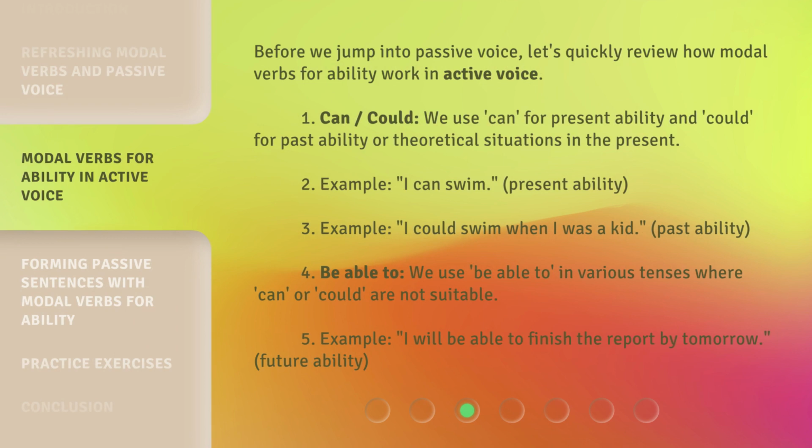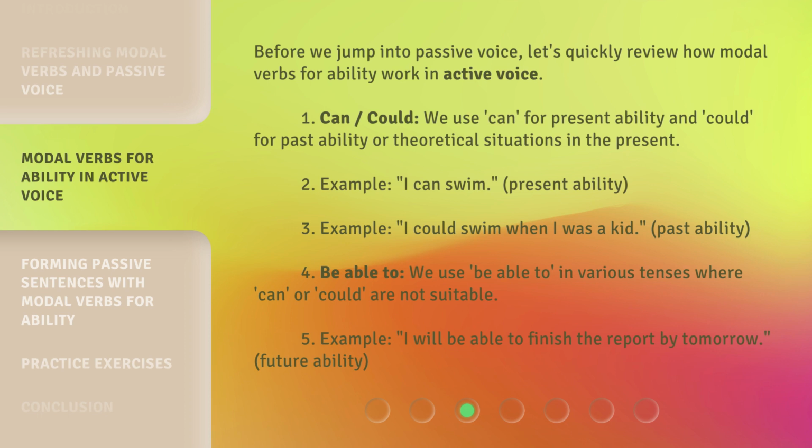Before we jump into passive voice, let's quickly review how modal verbs for ability work in active voice. 1. Can, could. We use can for present ability and could for past ability or theoretical situations in the present. 2. Example: I can swim.